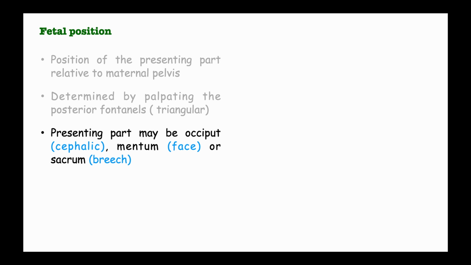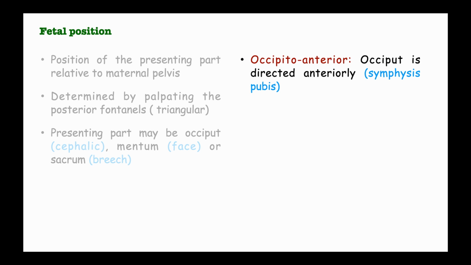Now, when we talk about the positioning, there are certain key points that we need to know. So when we say occipito-anterior, what we mean is, the occiput is referring to the fetal head. So the occiput is for the fetus.